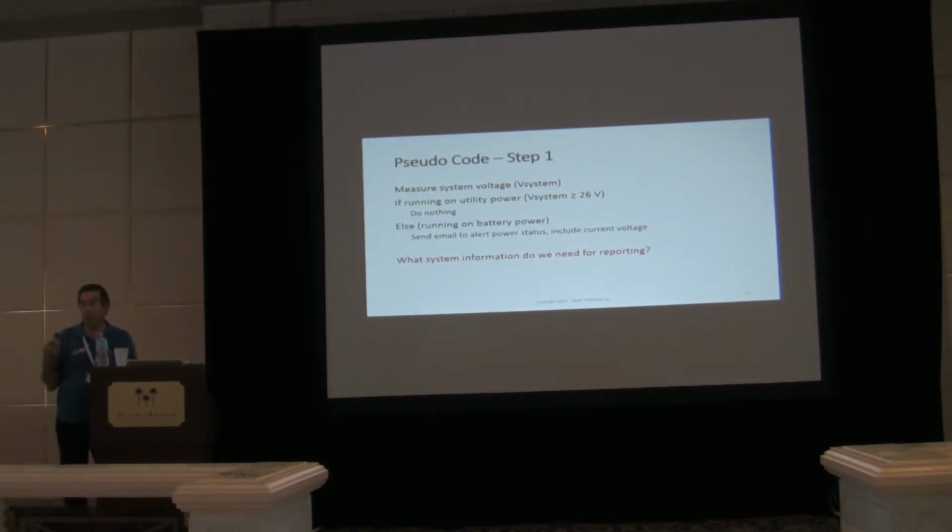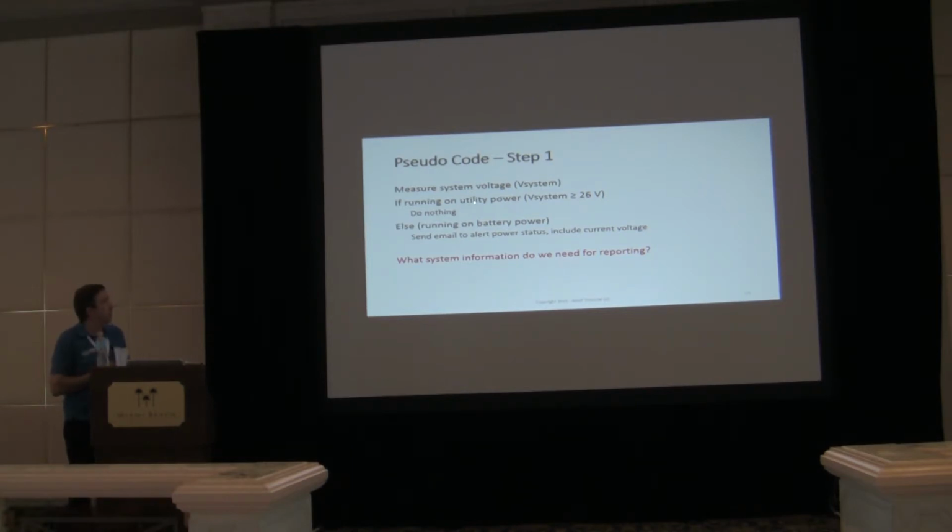So let's go write the software for the application you want. The best way to do it, and I recommend this, and I come from an engineering background plus software at one stage, is to write what's called pseudocode. What we want to do is measure the system voltage, which we'll call V system.